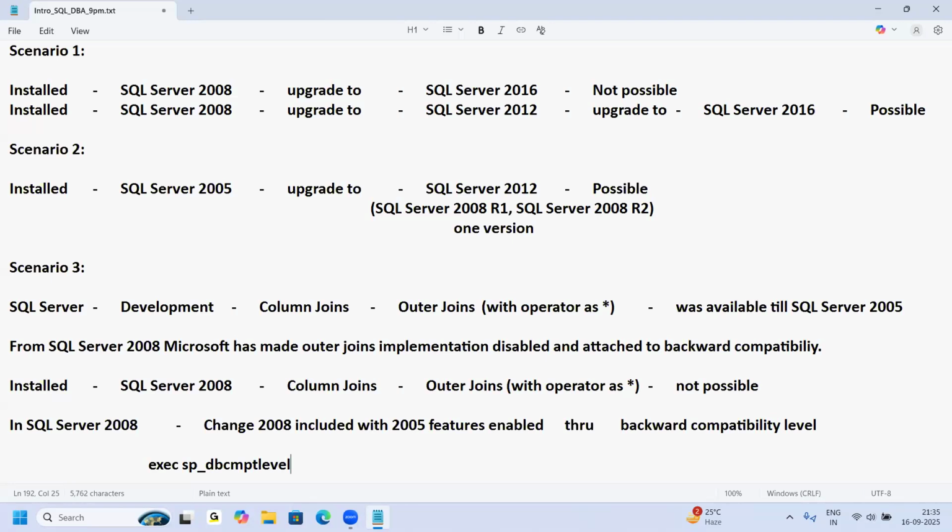You have to change it. How? I execute it with @dbname equals to a database name, production db, then @new_cmptlevel equal to 90. 90 means 2005, 100 means 2008.